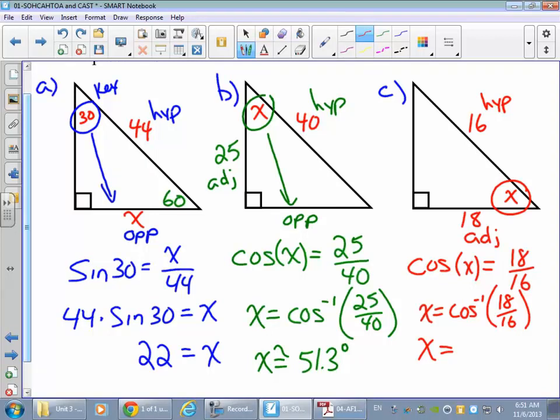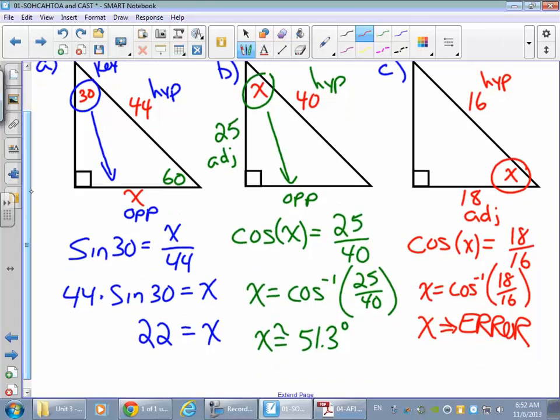And what? Error. Of course, the reason for that, if I look at the numbers I started with, the suggestion was that 18 was my adjacent and 16 was my hypotenuse.